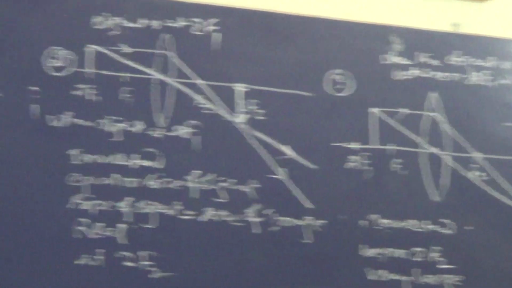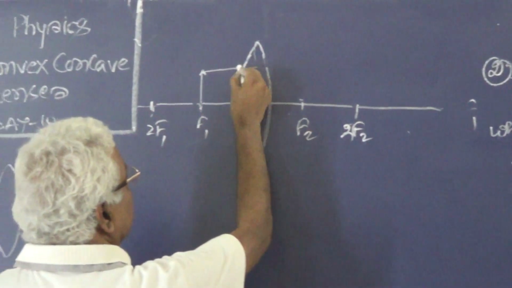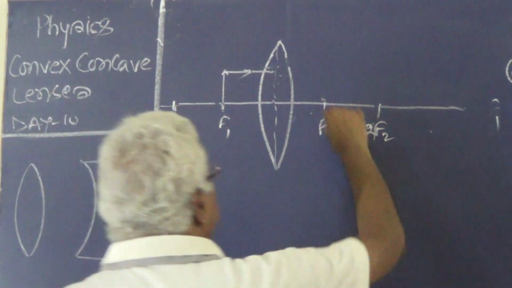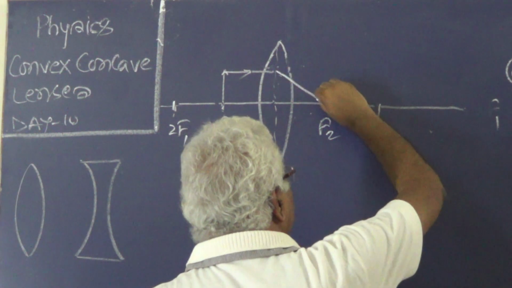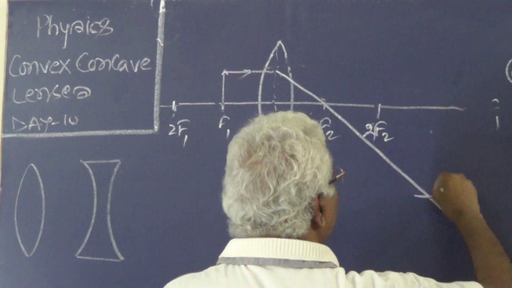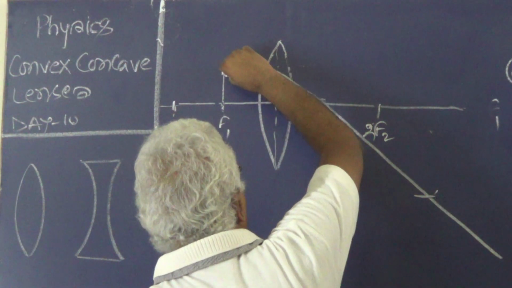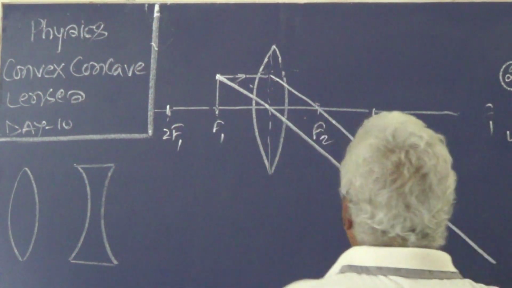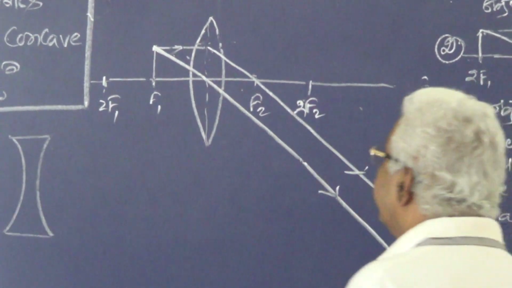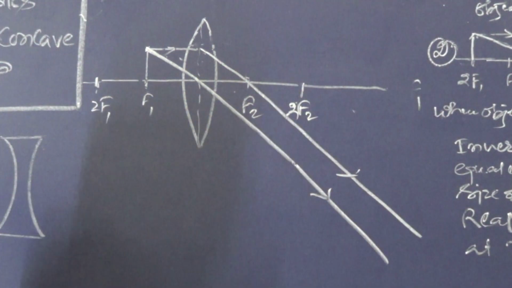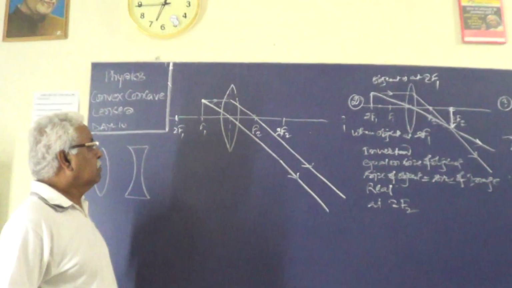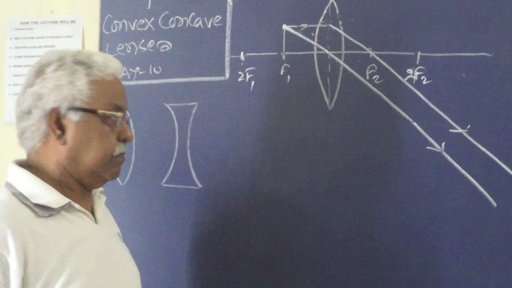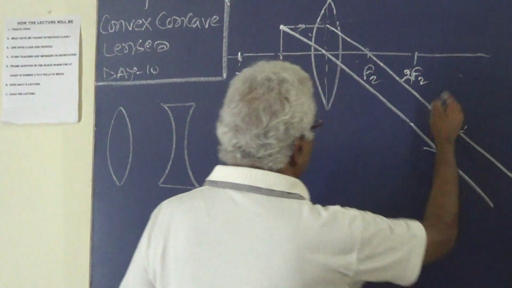Now there is a parallel line. After refraction it passes through the focus. The second line goes through the optical center. So actually what happens? The refracted rays are parallel, and the image is formed at infinity. What will be the nature of the image?